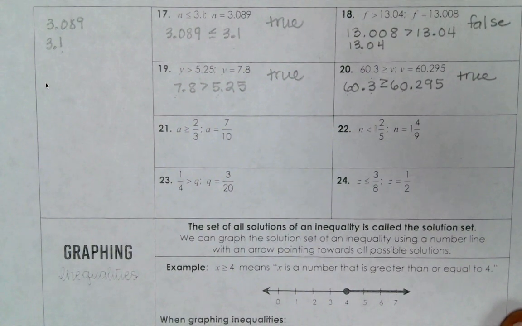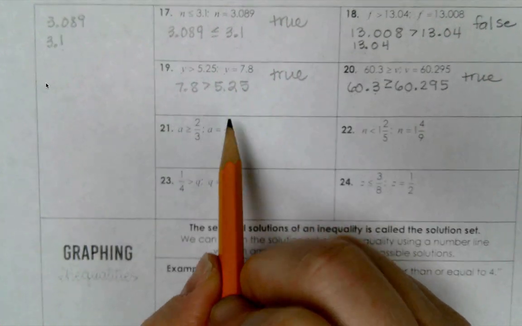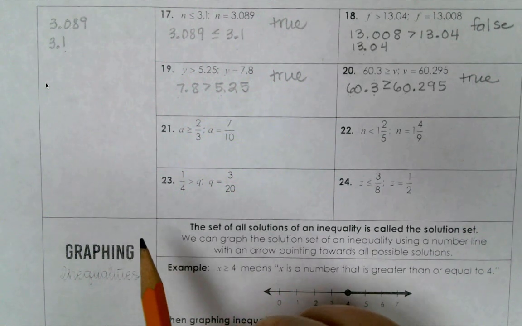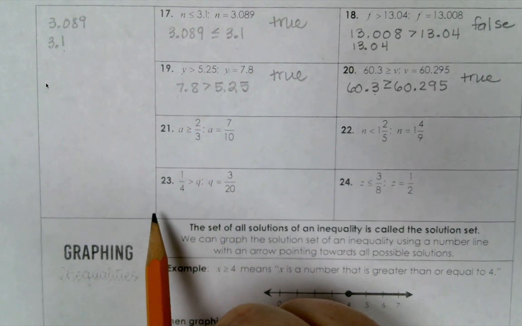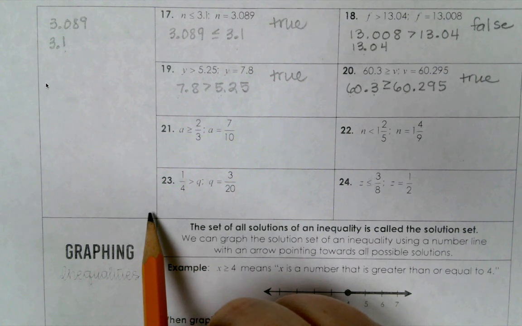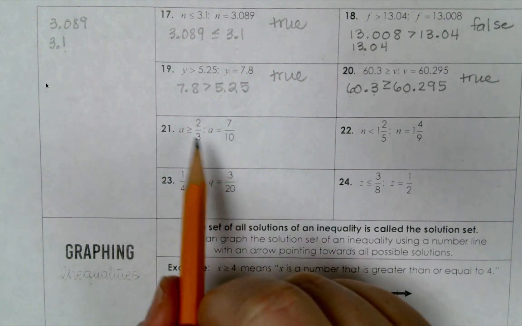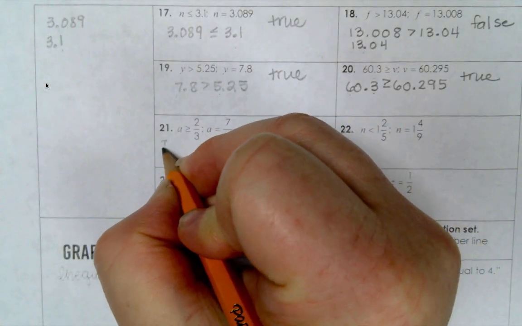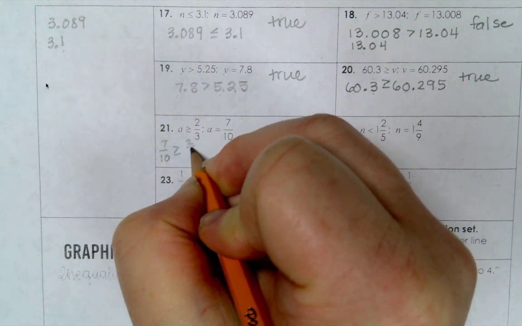Ooh, the fractions. Whoa. A is greater than or equal to 2/3. A is 7/10. Now, you can do many things with this. You can find the common denominator and then compare the numerators. You can convert these to decimals. So we're going to say 7/10 is greater than or equal to 2/3.